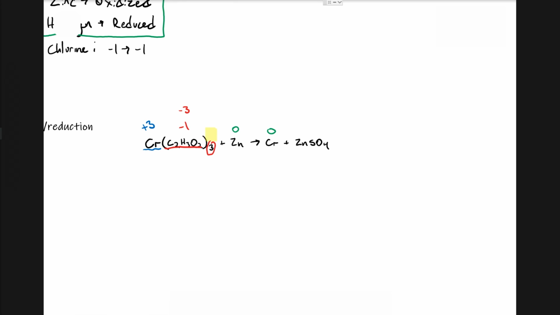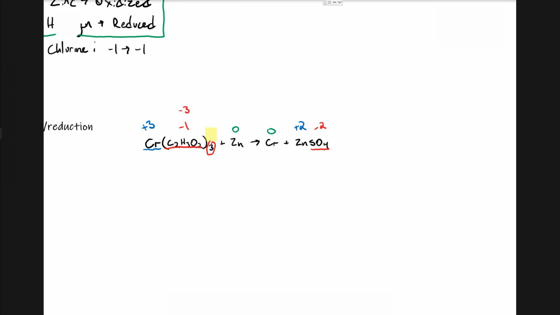Whereas the zinc sulfate, well, what do we know about sulfate? We know that sulfate has a charge of -2, and there's only one sulfate, with no additional subscript, which means that our zinc has to have an oxidation state of +2.